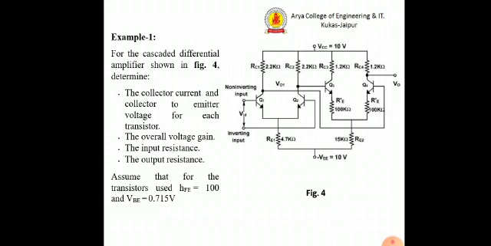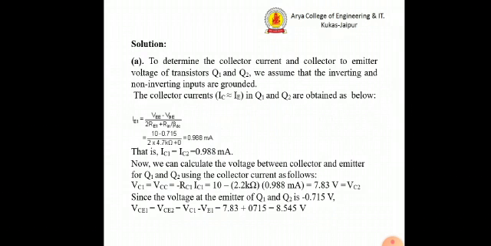What we have to find in this circuit is the collector current and collector to emitter voltage for each transistor, the overall voltage gain, the input resistance, and the output resistance.